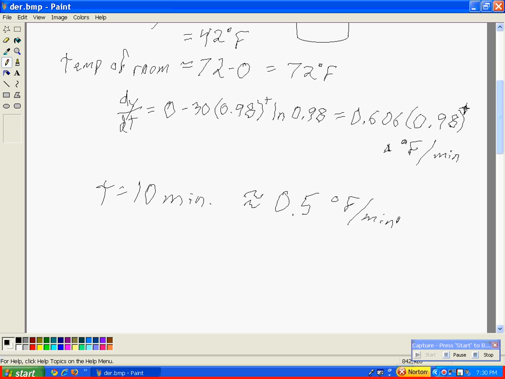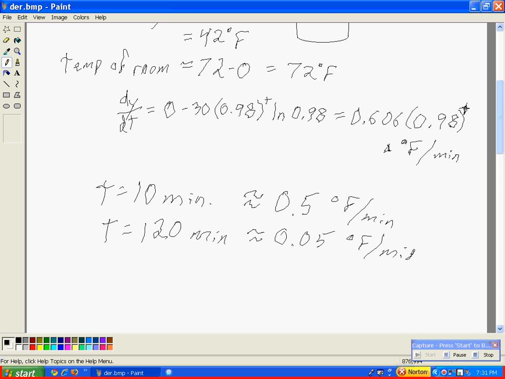Okay. For t equals 2 hours, 120 minutes, we get an exciting 0.05 degrees Fahrenheit per minute.